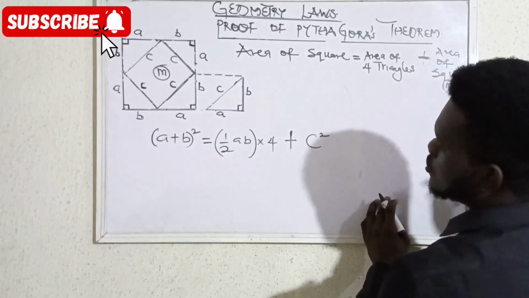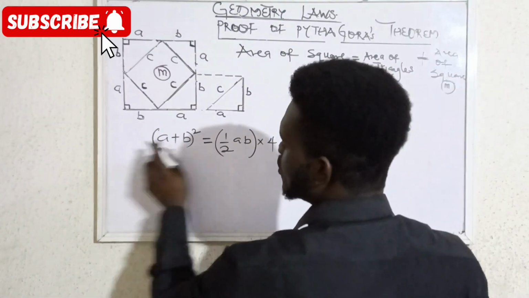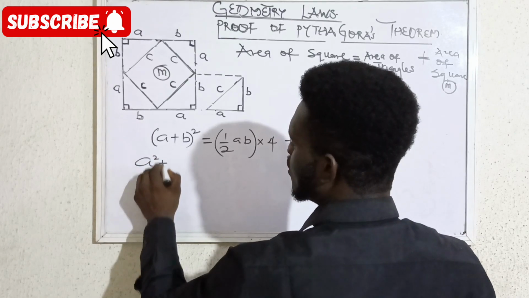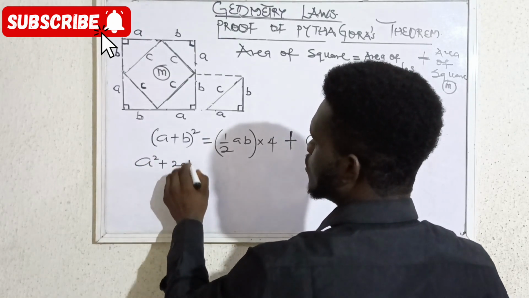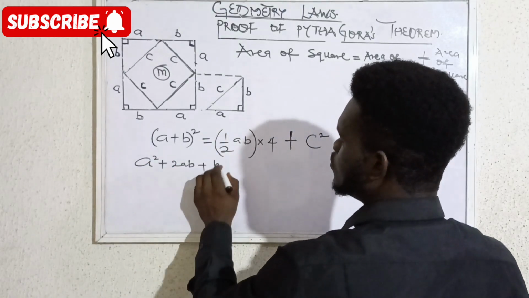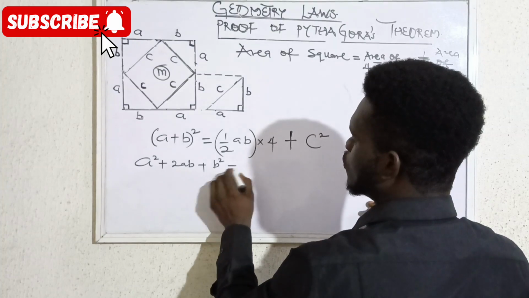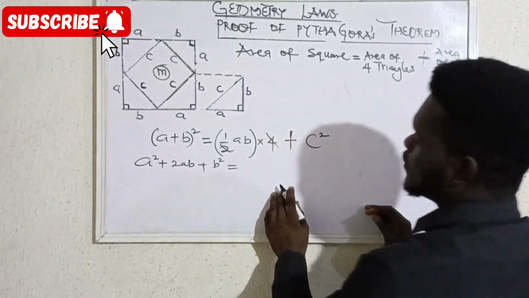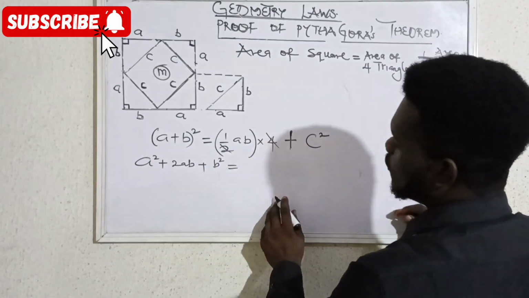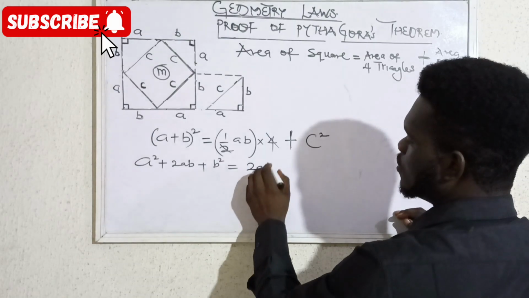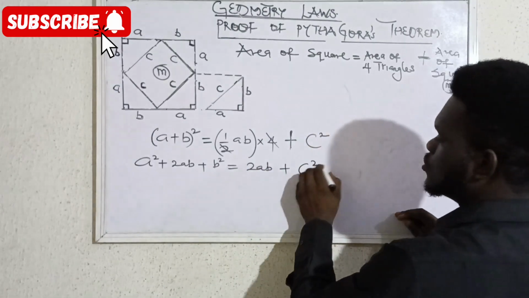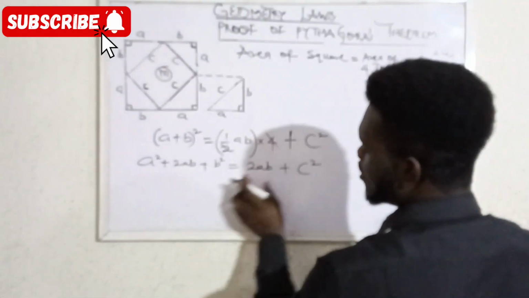What's the area of the square now? Still C square. So when we expand this, we have A square plus 2AB plus B square, equals, these 2 remove or divide the 4, and we have 2AB plus C square. You can see we have 2AB here, we have 2AB here.